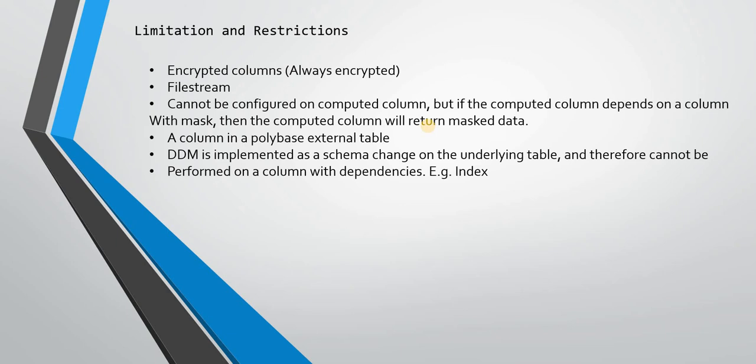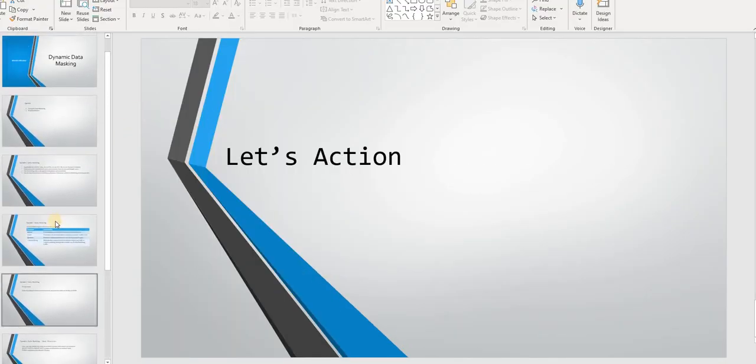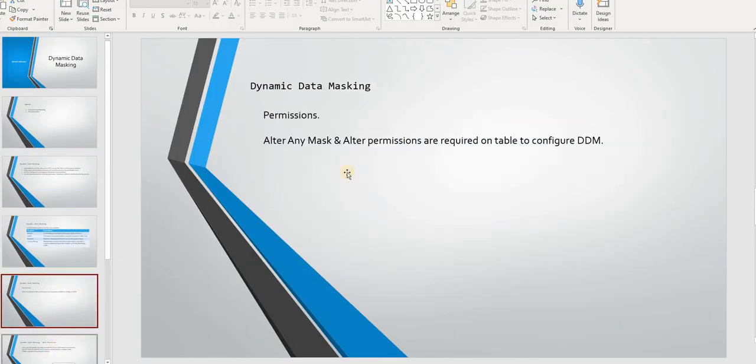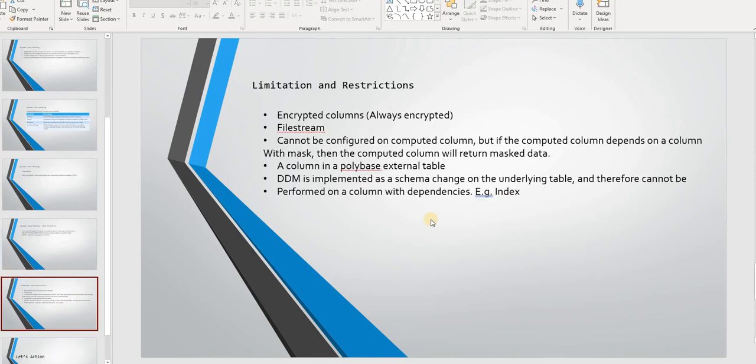Dynamic data masking is implemented as a schema change on the underlying table. We are not changing the data, but some type of schema is getting changed, and therefore it cannot be performed on a column with dependencies. For example, if the table has an index that refers to that column, then you cannot configure dynamic data masking.